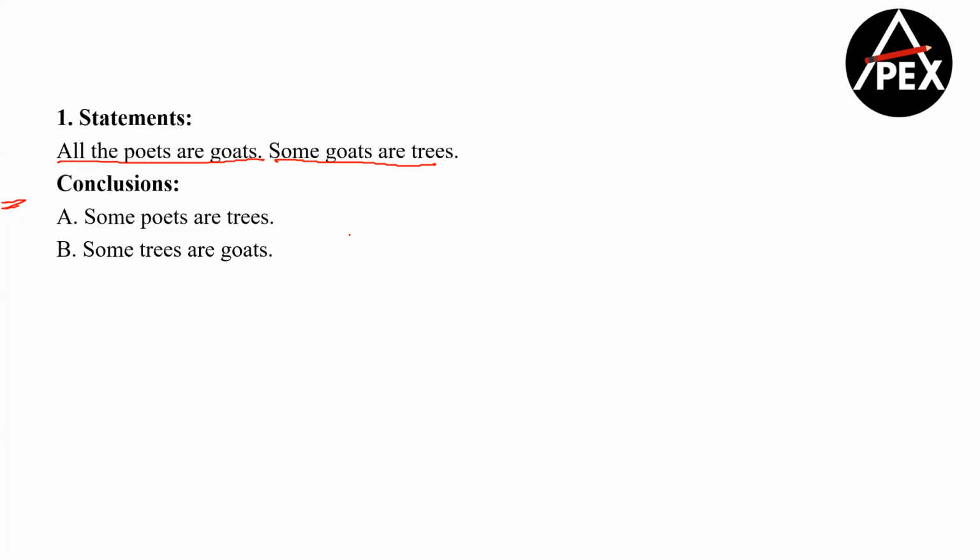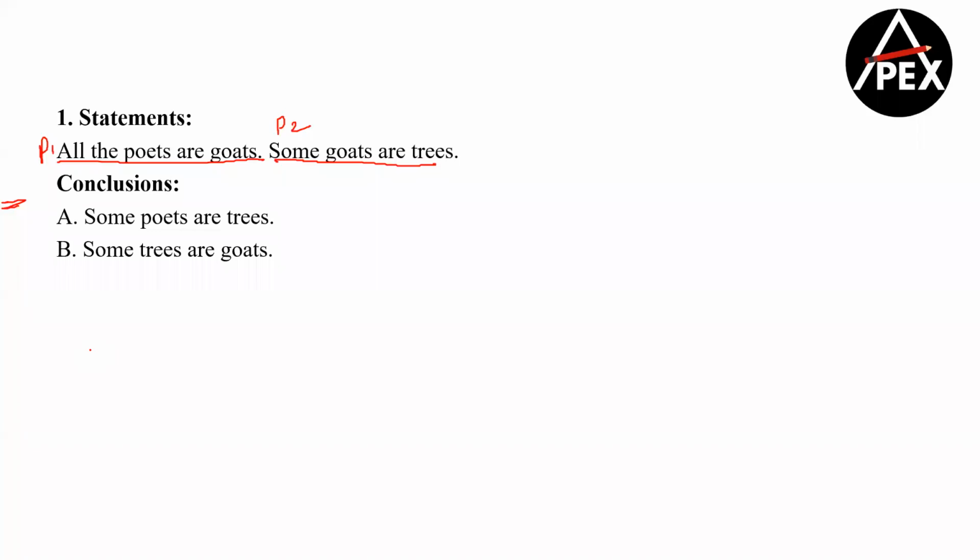Wait, listen. I will tell you how to solve it. Sometimes maybe you're right on this question, but sometimes your luck won't work. So let me tell you the clear-cut way to solve it for any question given in your CRT papers. We have to take this as our premise 1. We have to take this as premise 2.